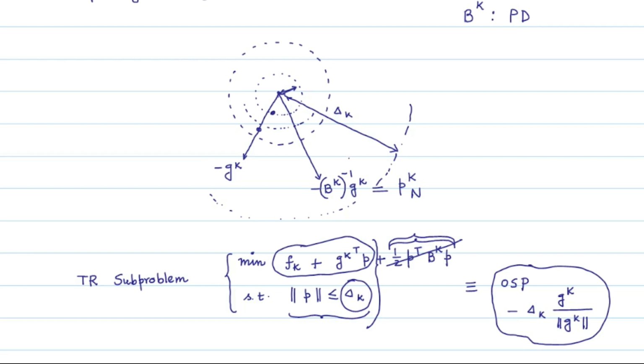And therefore slowly when we increase the value of delta_k, this optimum solution to the trust region subproblem will be inclined towards the Newton direction. So a hypothetical trajectory of the optimum solution will be something like this graph. This is the trajectory of optimum solution points for the trust region subproblem for varied values of the trust region radius delta_k.